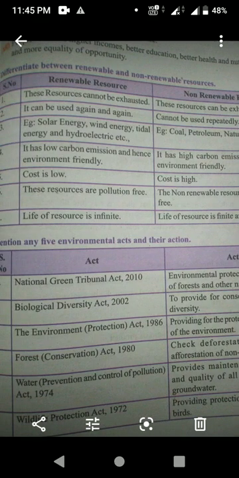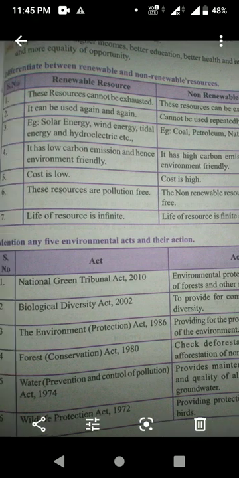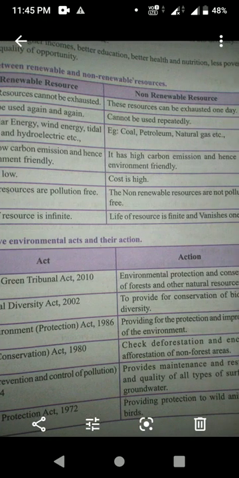Examples of renewable: solar energy, wind energy, tidal energy and hydroelectric energy. Examples of non-renewable: coal, petroleum and natural gas, etc. Next point: renewable resources have low carbon emission and hence are environment friendly; non-renewable resources have high carbon emission and hence are not environment friendly.